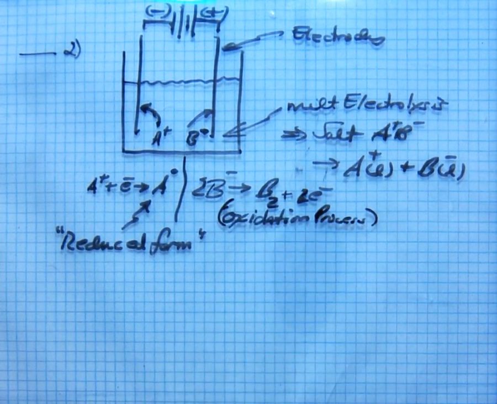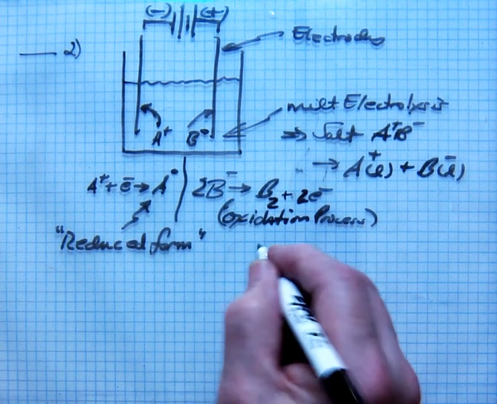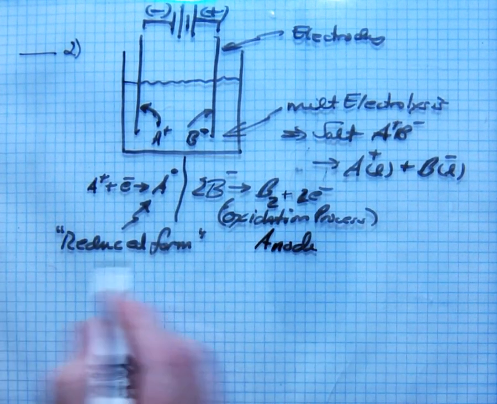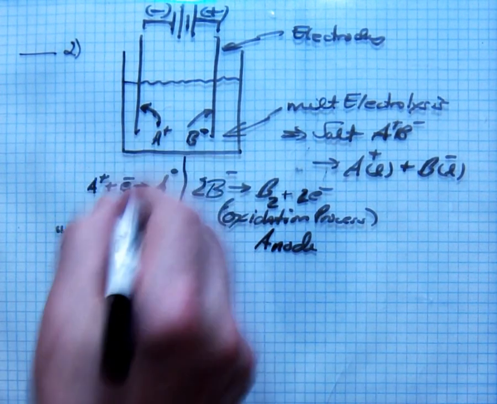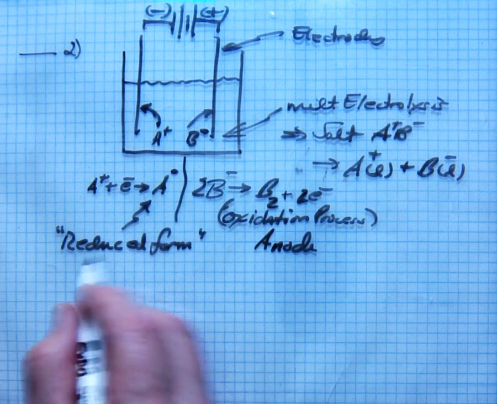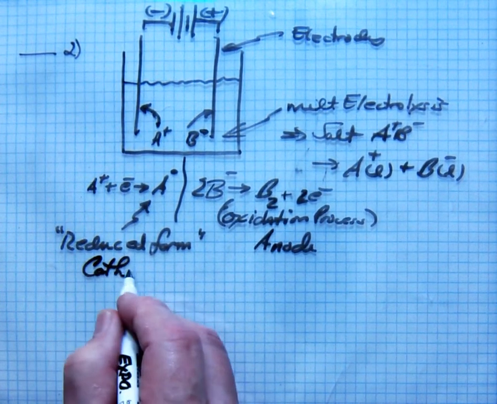So the electrode that is undergoing oxidation is what? Cathode or the anode? Anybody? Anode. Okay. So oxidation is the anode, anodic oxidation, and the reduction side is the cathode.